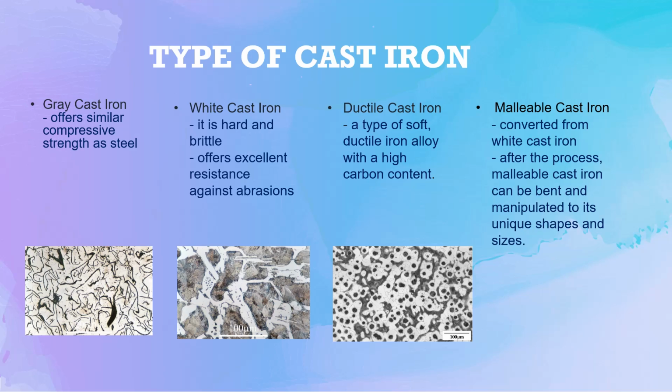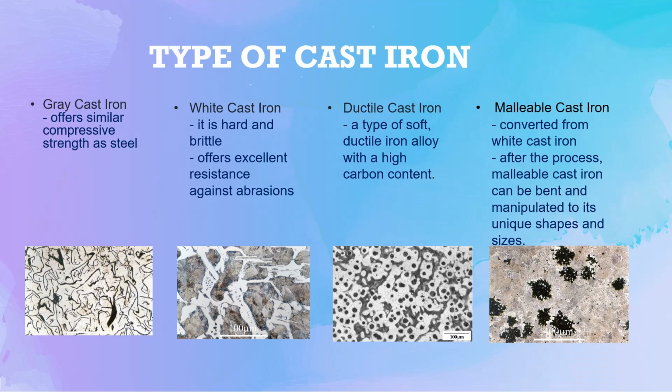After the heat treatment process, most of its carbon content is in the form of irregularly shaped granules of graphite, and that is why it is called tempered carbon. You can see in the picture here, the structure of malleable cast iron consists of ferrite, pearlite, and tempered carbon.